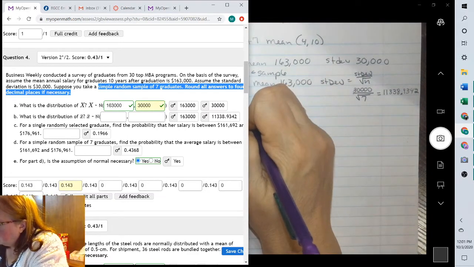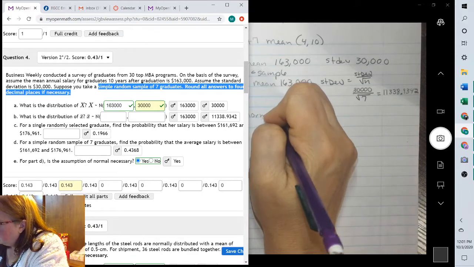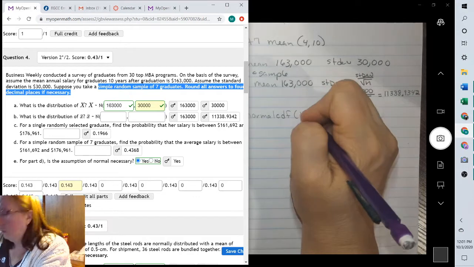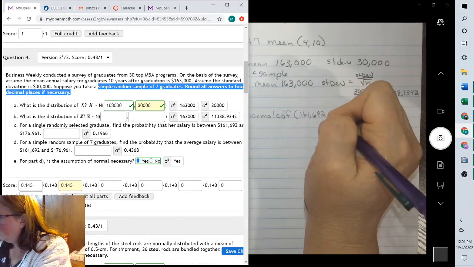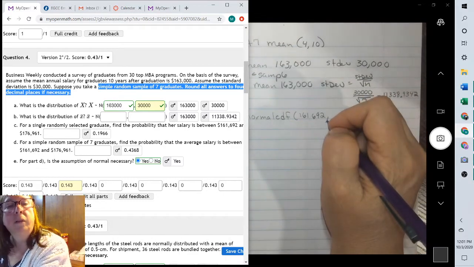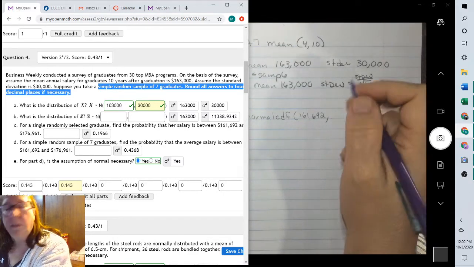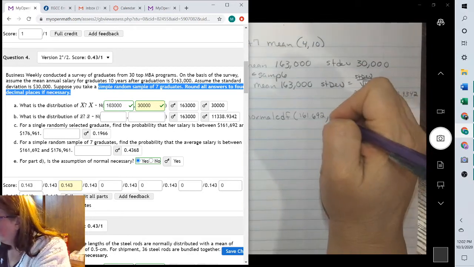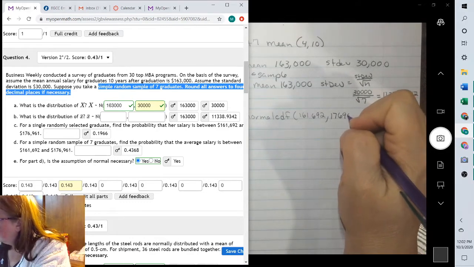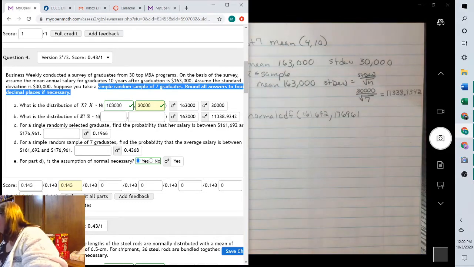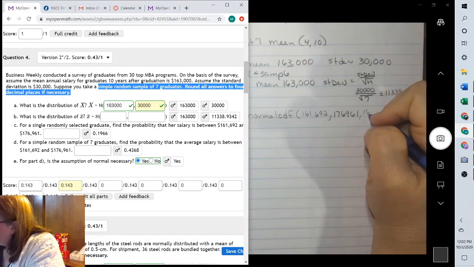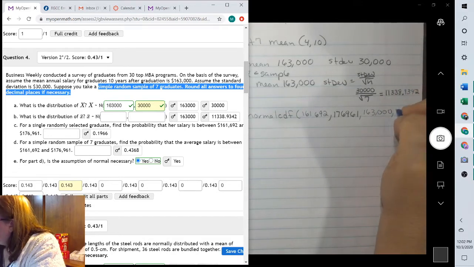So you use the normal CDF, the smaller value, 161692. Don't put the comma in the number. 176,961. And then your mean and your standard deviation.